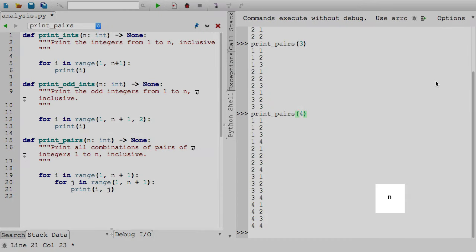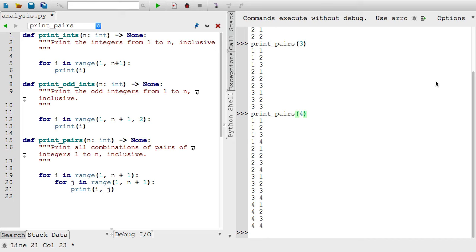And the inner loop is executed once for each iteration of the outer loop. The outer loop will execute n times as well. So with n iterations of the outer loop times n iterations of the inner loop, print is called n² times. This time, the number of steps is proportional to the size of the input squared.